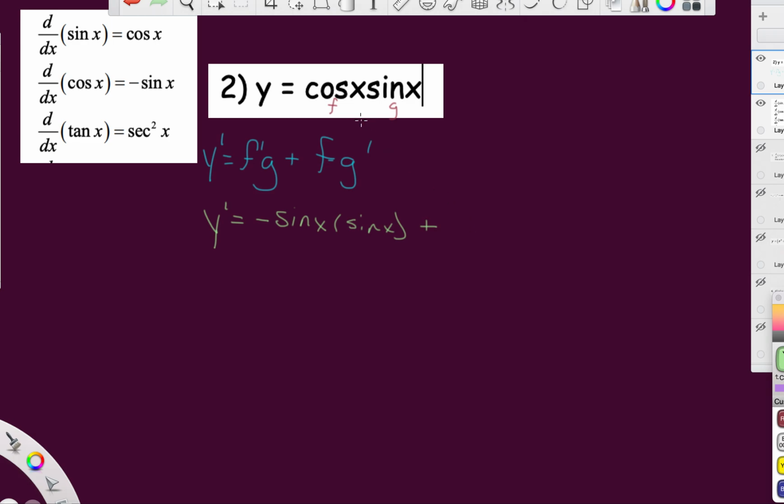Going to add to that f, which is cosine x, times the derivative of g, which is cosine. Right? Okay, so negative sine times sine is sine squared, so negative sine squared x plus cosine squared x.